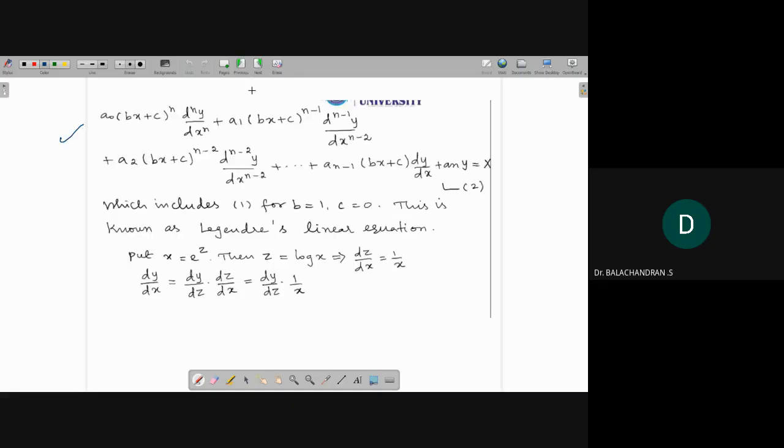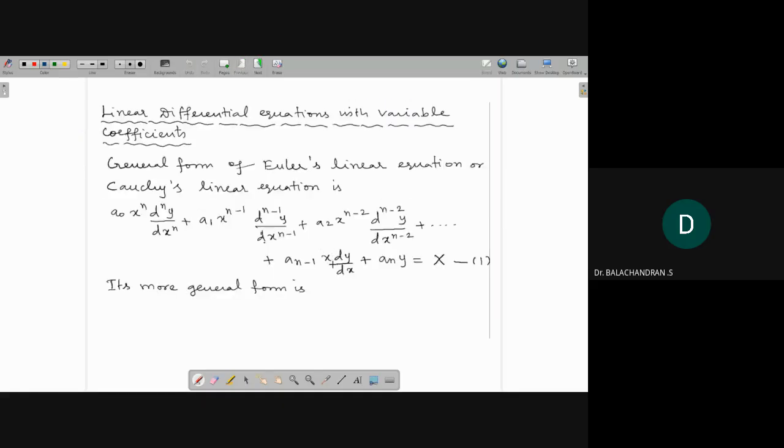Now the main idea is this: first, you should convert the variable coefficients to constant coefficients. Once you convert by using a substitution, from variable coefficients to constant coefficients, then you know the method of how to solve. For this, the substitution x equal to e power z will help us convert the variable coefficients into constant coefficients.